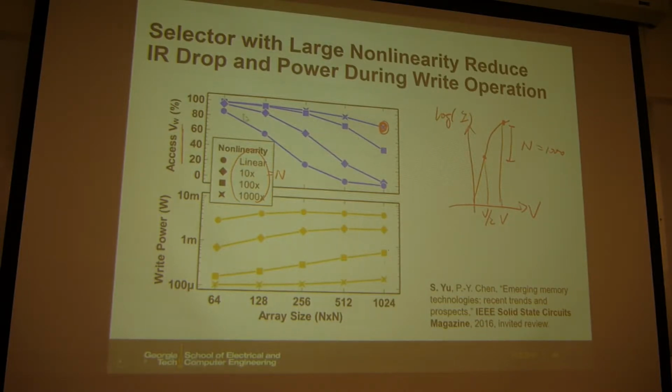Otherwise, your write margin will degrade as you increase the array size. So you can always do this kind of simulation by SPICE to look at what your design margin is.